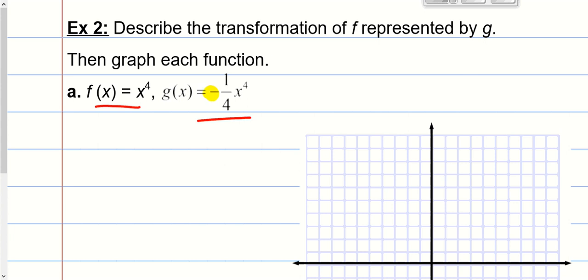So we have a negative out front right there, and then we have the 1/4 out front as well. So the negative multiplied in the front is going to be a reflection, because negatives tell us about a reflection. Being that it's in the front, it is a reflection across the x-axis.